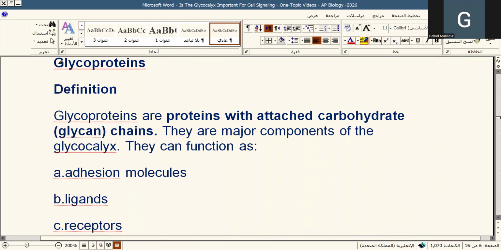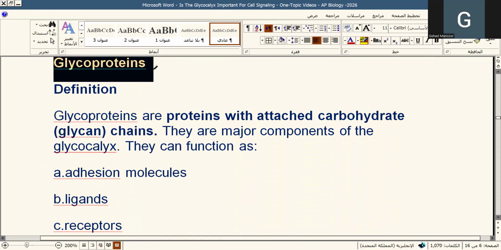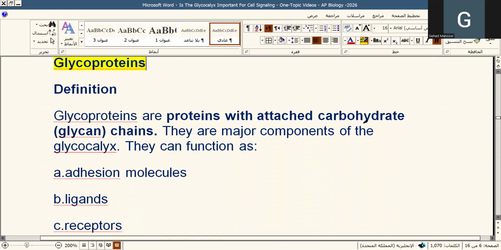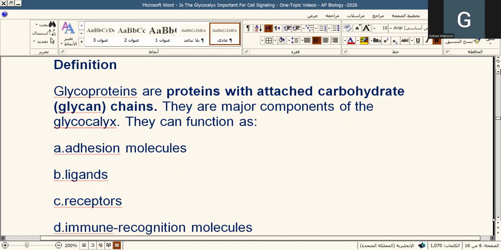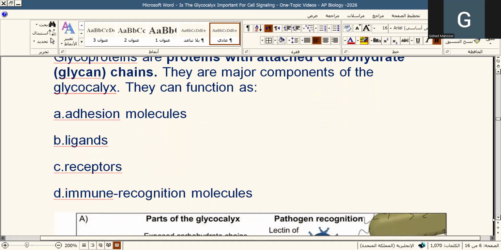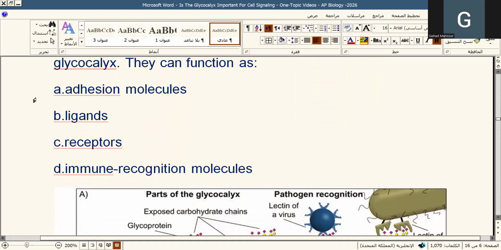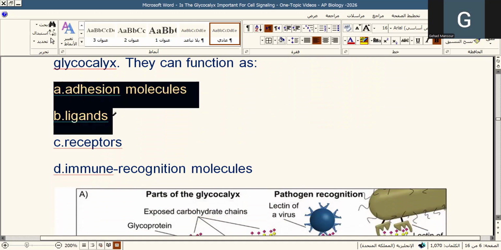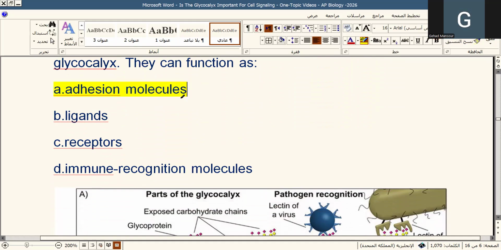As we said before, here we are going to explain in detail each of the functions that we have mentioned before. As we have said, the glycoproteins are proteins with an attached glycan or carbohydrate molecule, and they are major components of the cell, and they have four main functions. They can act as adhesion molecules.